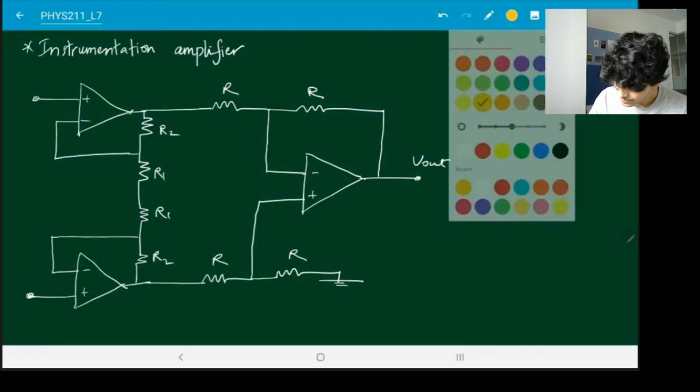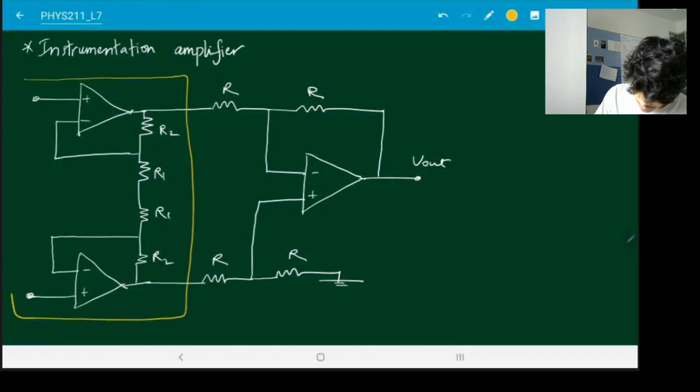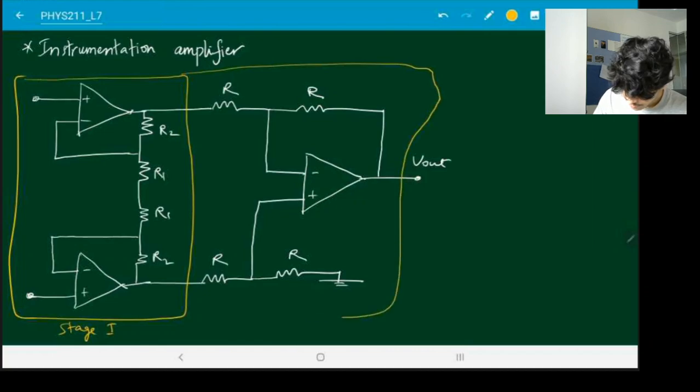So the first thing that I will say is I can divide this circuit into two parts. I can call this part as stage 1 and the rest of it as stage 2.